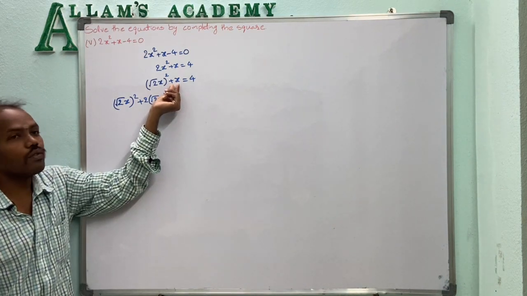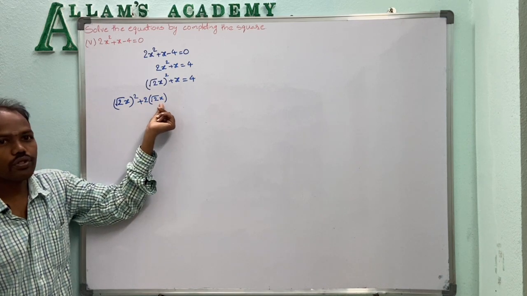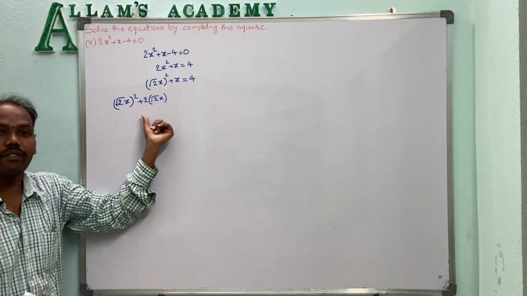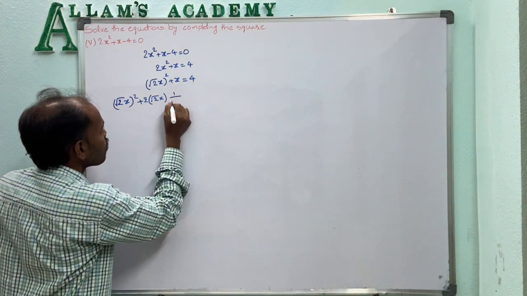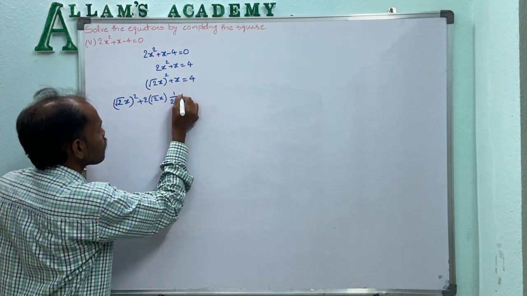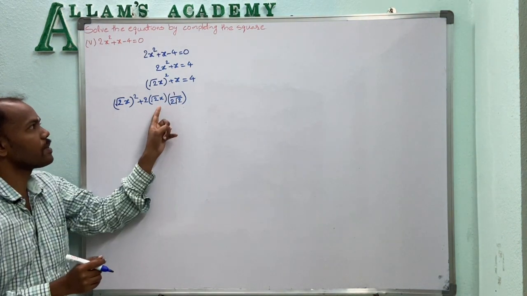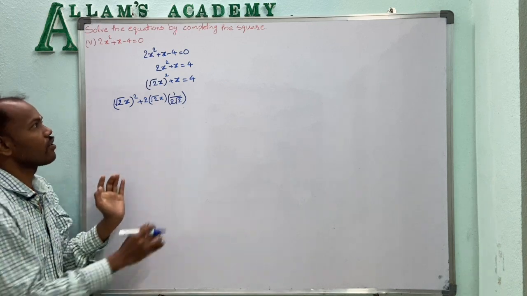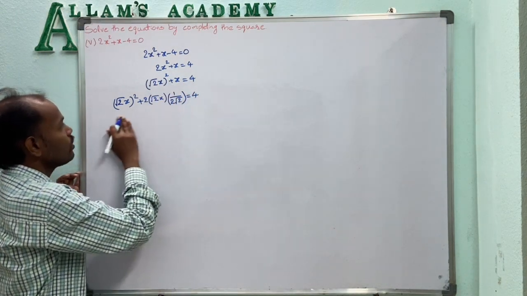Here our given is only x, but here extra we have 2 into root 2. So for that purpose, dividing with 2 into root 2, that means 1 by 2 root 2. So 2 gets cancelled, root 2 gets cancelled, that means remained only x again, that means the given term only again coming, that is equal to 4.